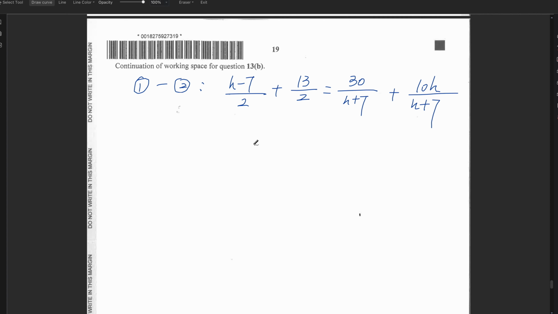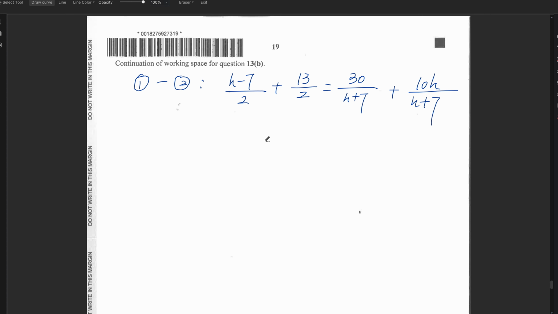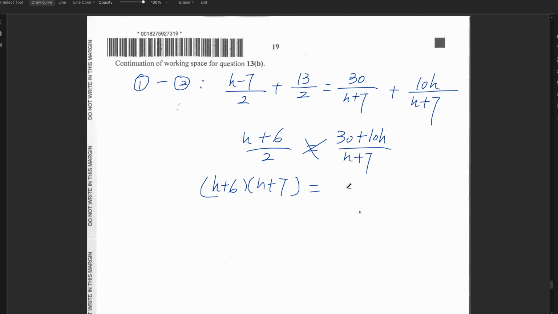Therefore, simplifying, the left hand side is (h plus 6) over 2... equals the right hand side, which becomes (30 plus 10h) over (h plus 7). Cross multiply: (h plus 6)(h plus 7) equals 60 plus 20h.